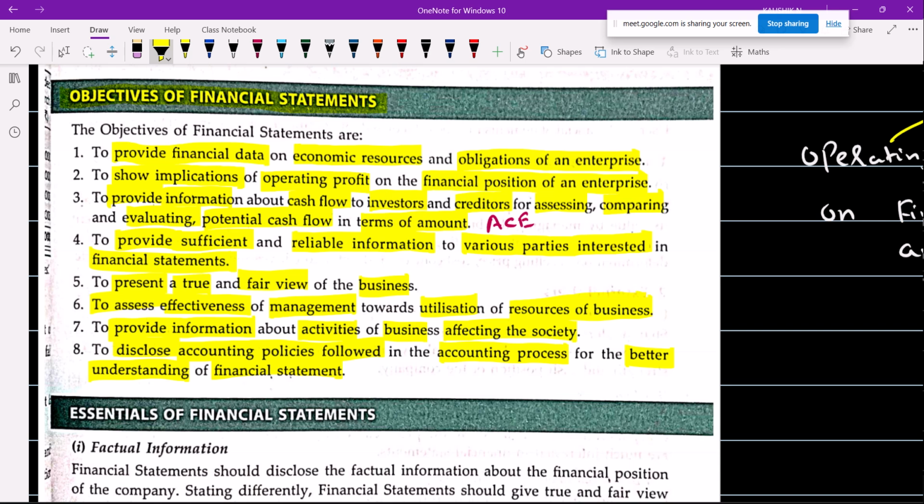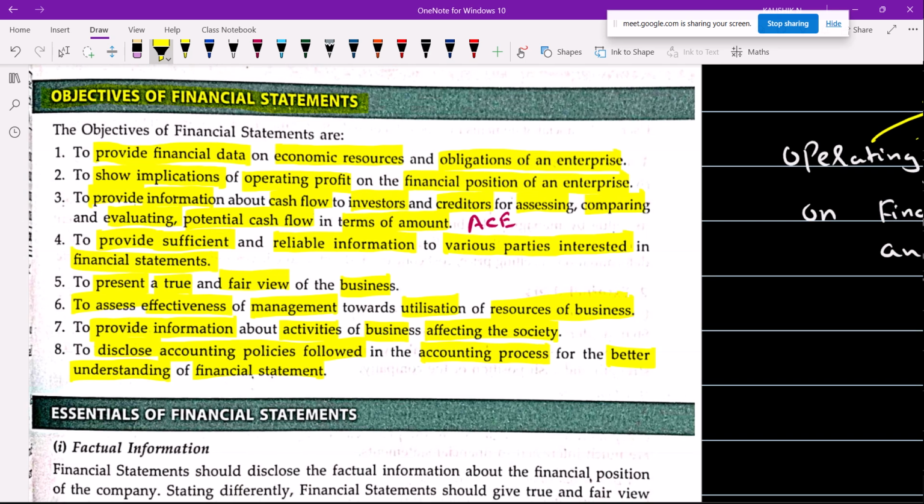Any doubt in the objectives of your financial statement? No, sir. Okay, I will give you 5 minutes. If you want to recollect the highlighted points, or take notes of these bulleted points, you can do it. We will move on to the next concept in another 2 to 3 minutes.